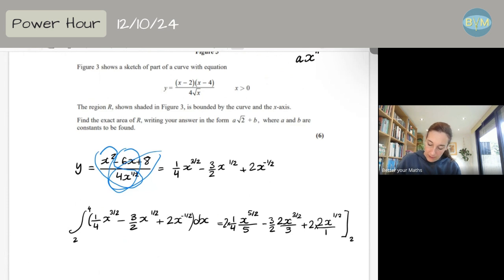Before substituting, I'm going to arrange a bit the coefficients. Yeah?